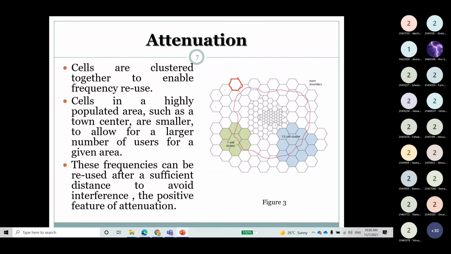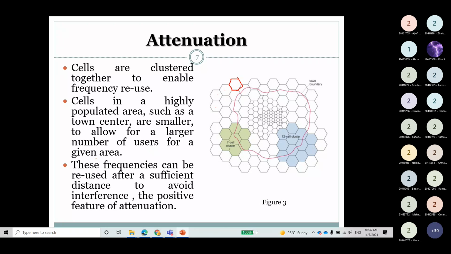You can see the dimension of the cells differs from one country to another, from one area to another. Why? It is related to the population. In a populated area, such as the town center, the cell will be smaller, to allow a larger number of users in a given area.